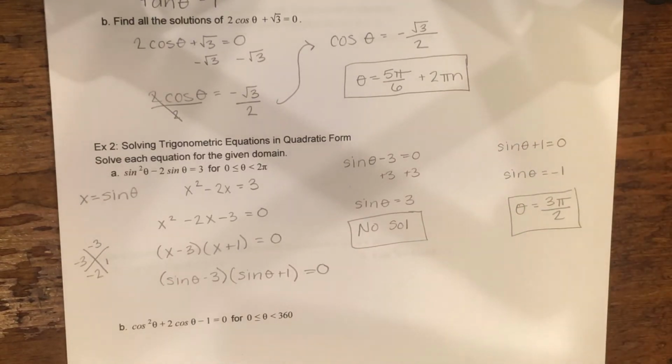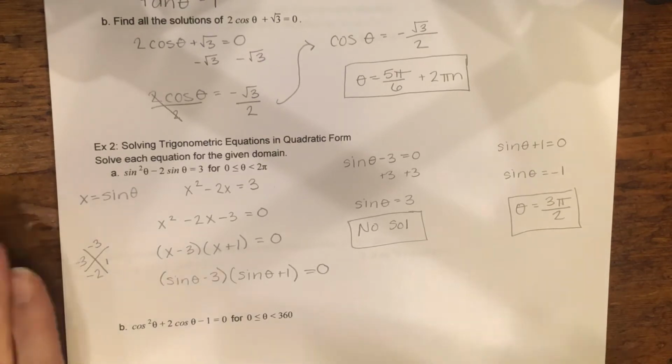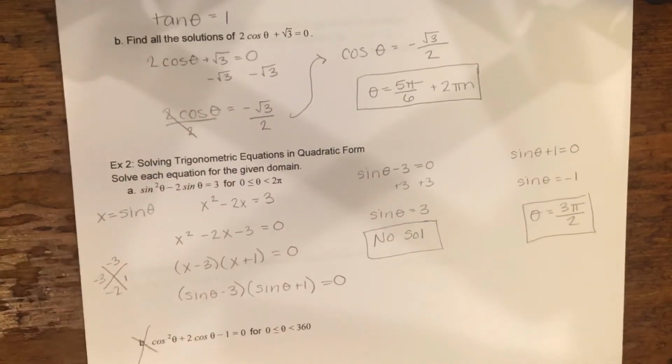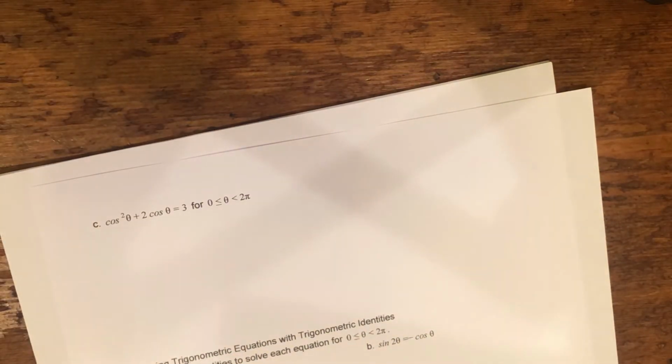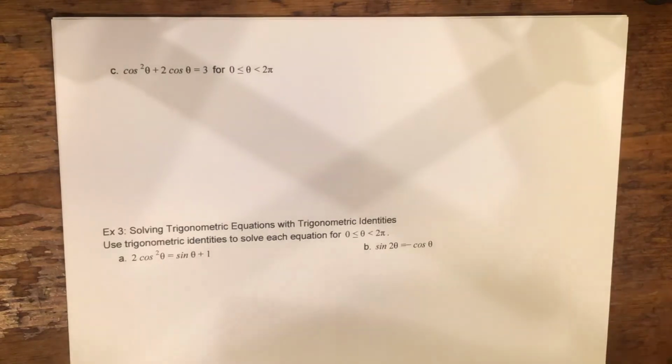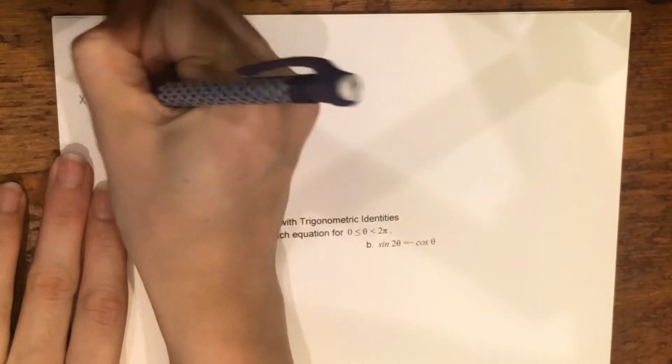We're actually going to skip B, but I do want you to try out C and see if you get the same answer that I do. For C, once again, you can make this x equaling cosine theta.